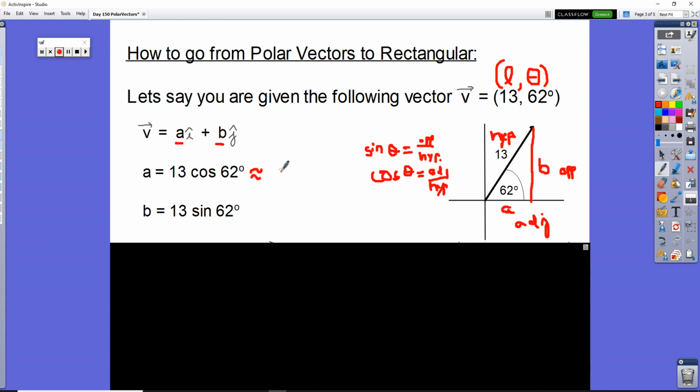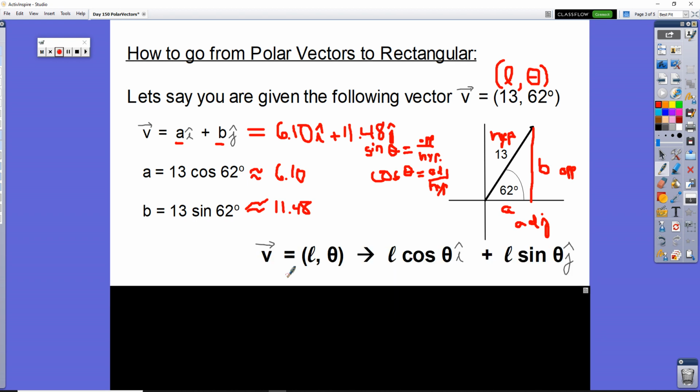This is approximately 6.10, and this is approximately 11.48. So your vector then would be this many units, 6.10, in the i direction, and 11.48 units in the j direction. That's rounded off.